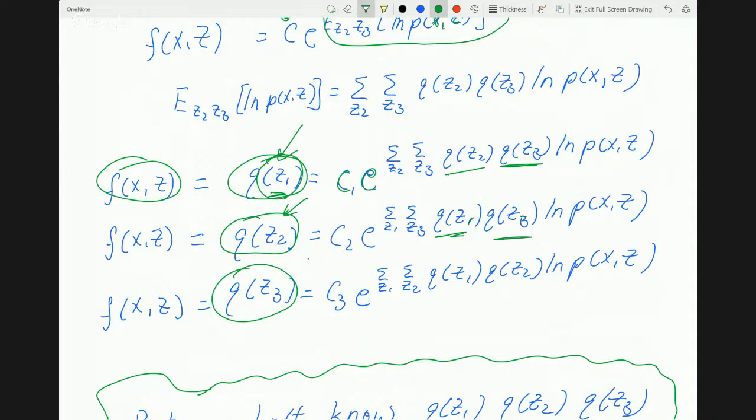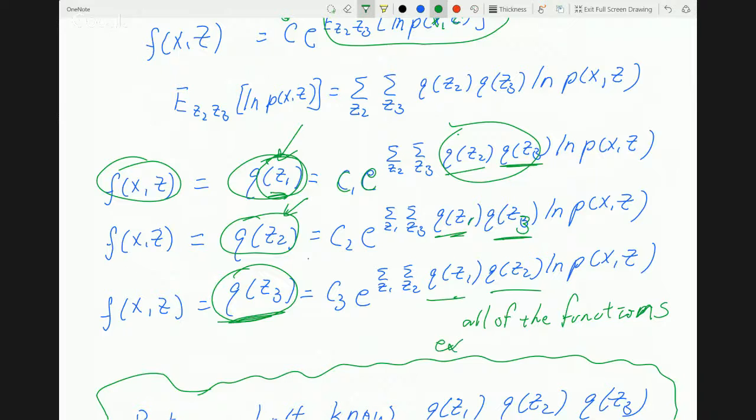This is 1 and 3. If we're doing QZ3, QZ3 is missing. So basically, this portion is the product of all of the functions, except the one we're looking at.